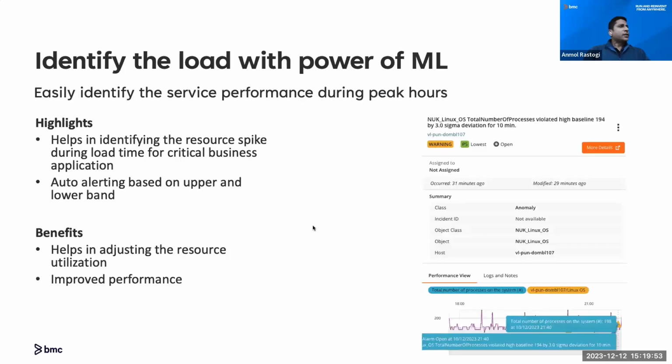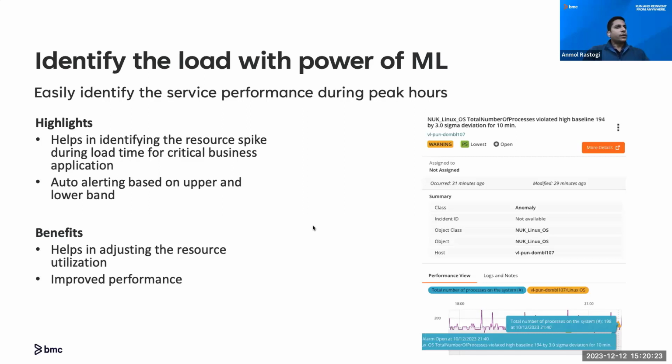Going to the next section, which is identifying the load with the power of machine learning. In the background, we use machine learning algorithms, which help identify, when the baseline is enabled around states and performance metrics, what my lower band and upper band are. What does this mean?